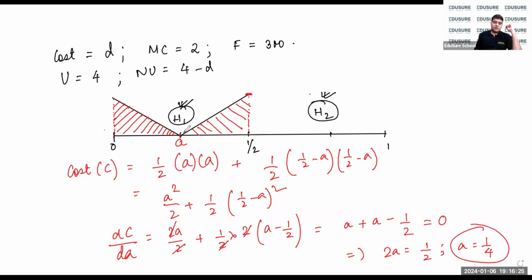So A should be equal to 1 by 4. A should be equal to 1 by 4 in order to minimize the area of traveling. Okay, correct.